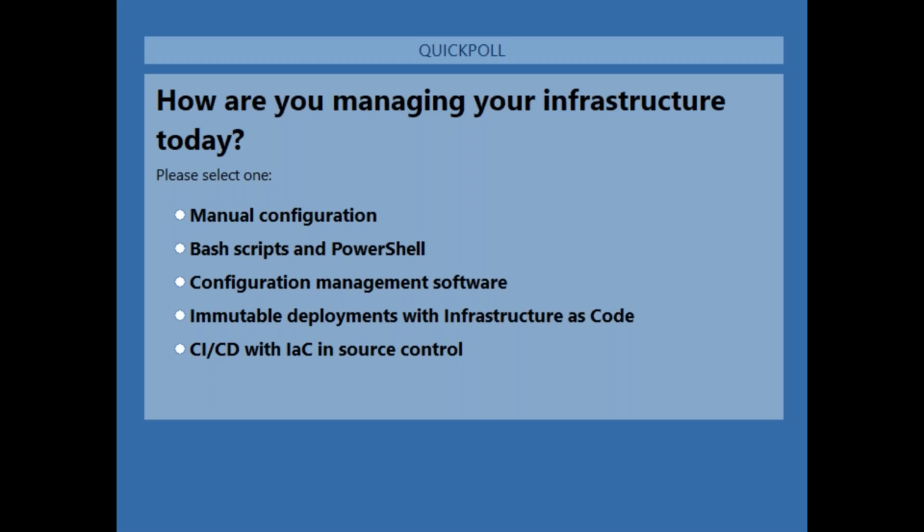So, Dave, what do you think the audience in general is going to be at when it comes to infrastructure management? Yeah, probably a good chunk in the first three there. I would say everything from some manual configurations to some simple scripting and maybe some level of centralized configuration management software. That's generally where we see existing customers.